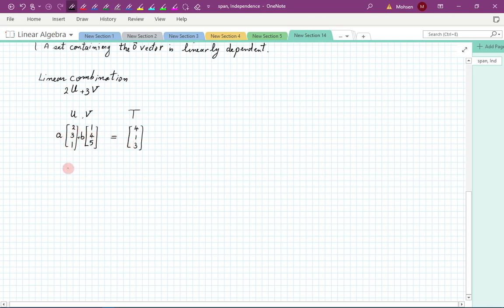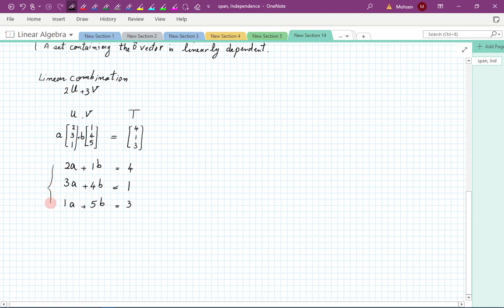So you get 2a and 1b. That's supposed to be the first component, which is 4. And then the next one is 3a and then 4b, and that is supposed to be the second component. And then I have 1a plus 5b, perhaps, and that is supposed to be 3.